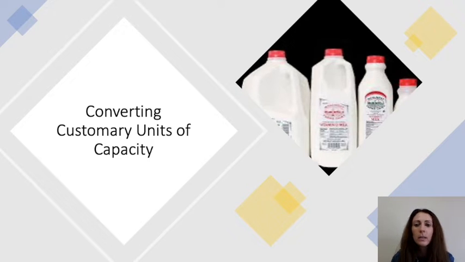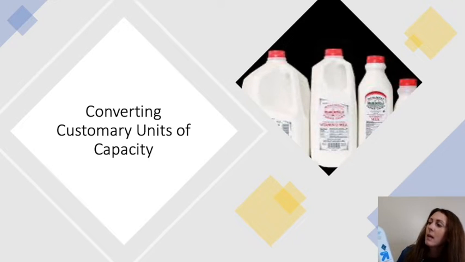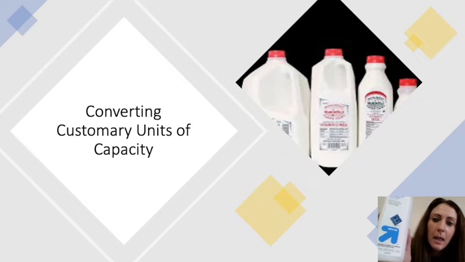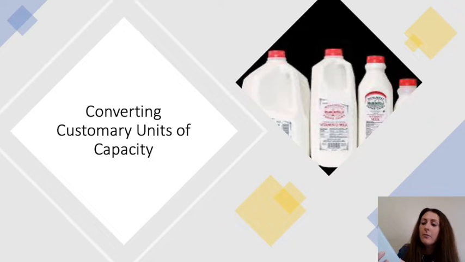I was looking around my house trying to find some items to show you that would have liquid and would be converted. So I found this. It's a nail polish remover, and if you look really closely, at the bottom you'll see it says 16 fluid ounces.